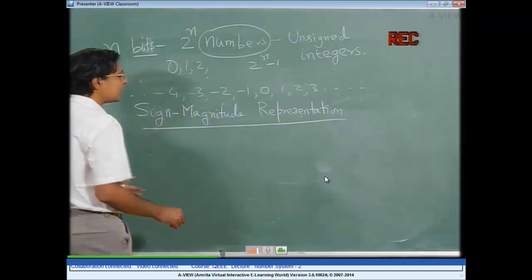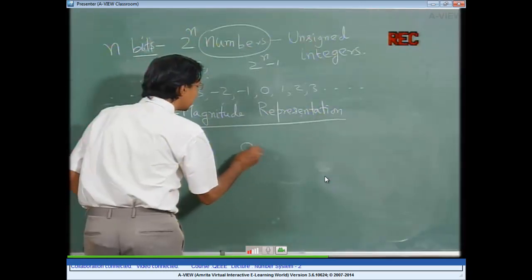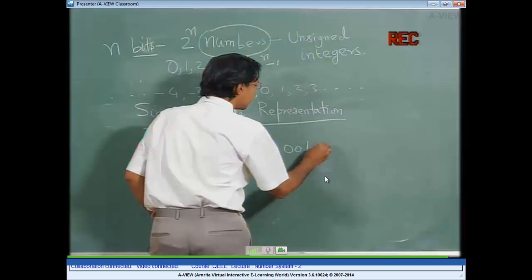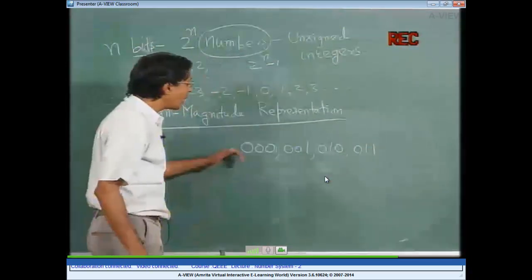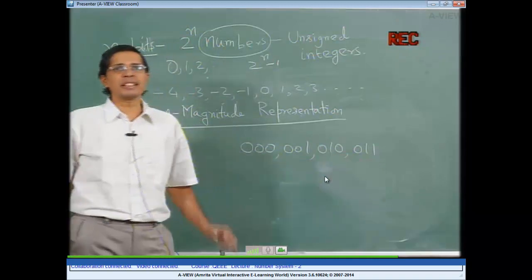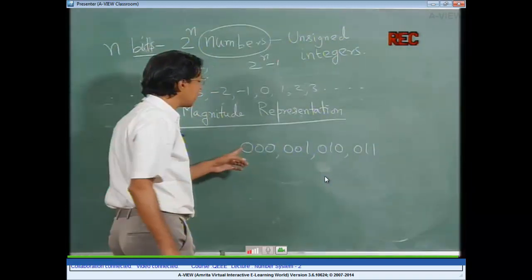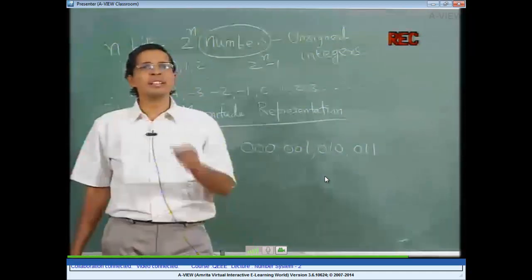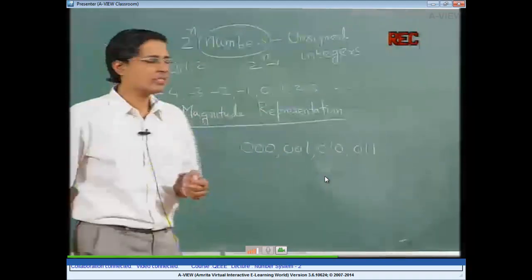Let us take this 3-bit example. So I have 0 0 0, 0 0 1, 0 1 0, 0 1 1. All of them will represent positive numbers because the most significant bit is 0, and if it is 0, the sign associated with that number is plus.